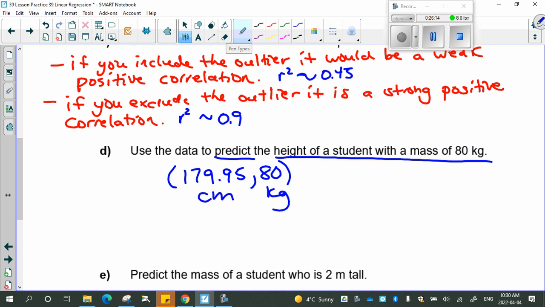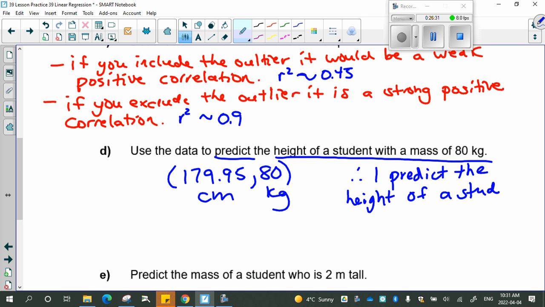So therefore, I predict, or the graph predicts, the height of a student with a mass of 80 kilograms.